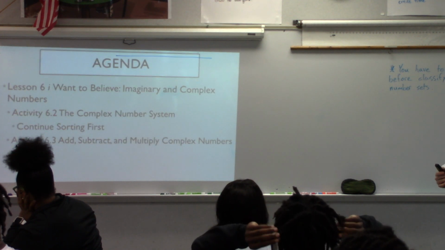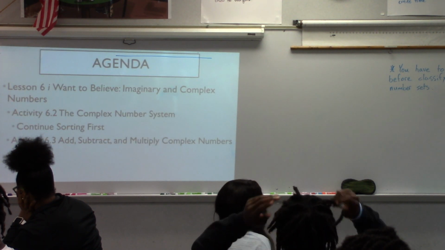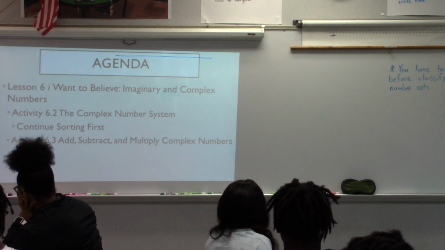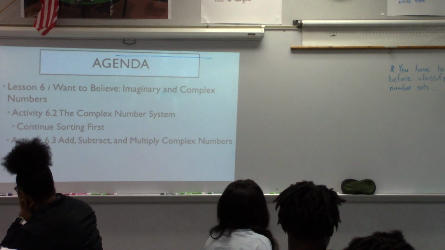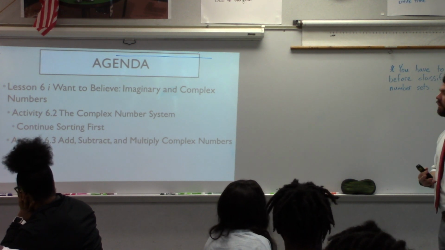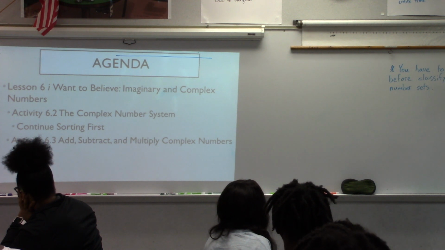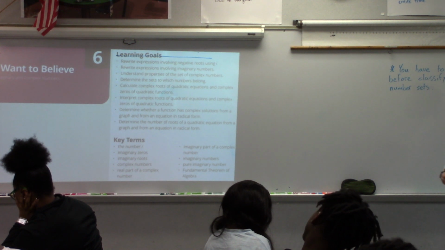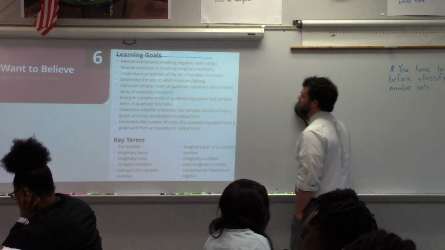So we're going to continue sorting the complex number system. This will take up hopefully no more than 30 minutes, and then we'll get into activity 6.3 and hopefully finish that up. Everyone in first block seemed to be super okay with activity 6.3, so hopefully it won't take us too long. As always, don't forget these learning goals in your textbook.